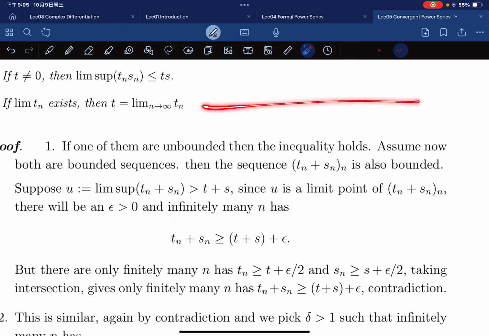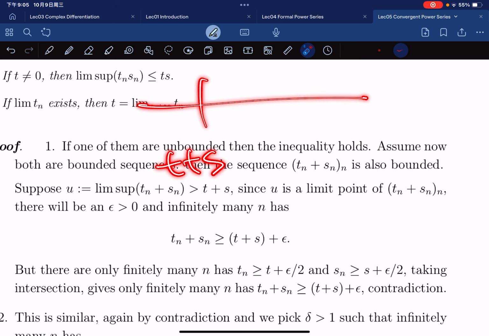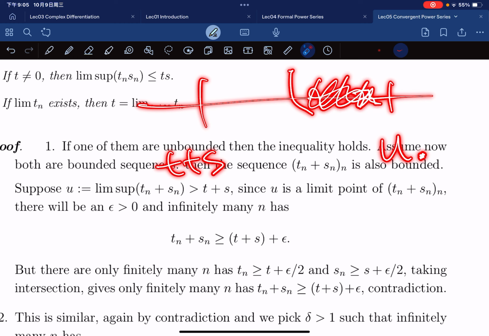This is t plus s, and this is u, and u is greater than that, so there will be infinitely many n such that the term lies in here.